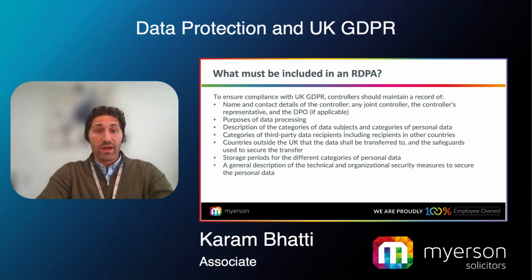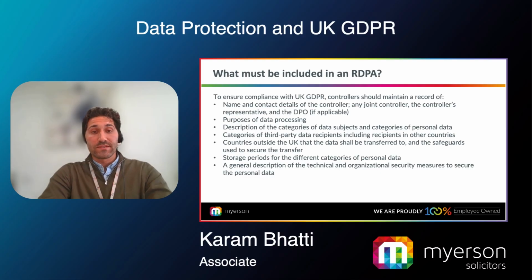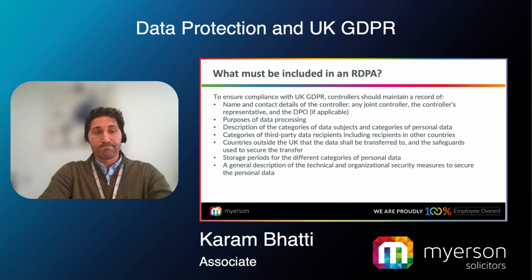So that's any country or organization outside of the UK, including details of the safeguards utilized to secure such transfer. Retention schedules for the different categories of personal data and confirming how long you will keep that data for. And a general description of your technical and organizational security measures. So essentially your safeguards for protecting personal data, which could be encryption or access controls.